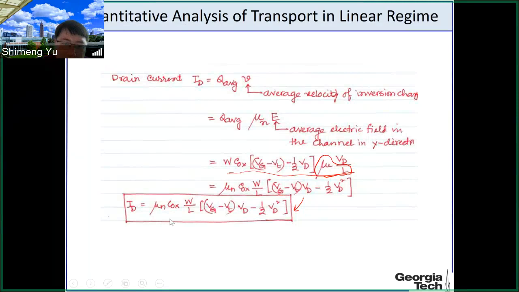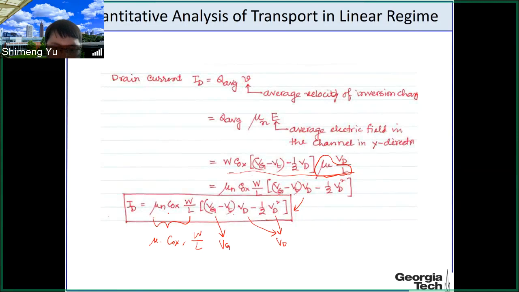Here we have some coefficient in front of the current, and this depends on the mobility, the capacitance of the gate, and these geometry parameters W and L, that is the width and the length, as we showed in the first slide today. And then the voltage term. There are two voltages here: one is the gate voltage, one is the drain voltage.